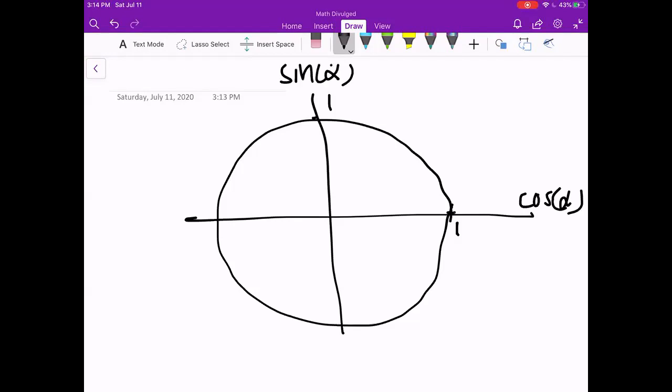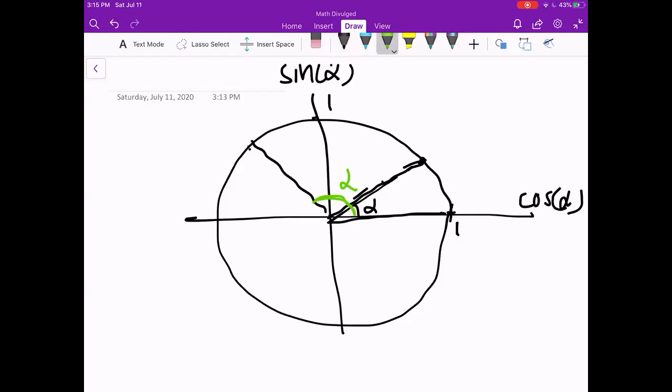Alpha refers to the angle made by a length protruding from the origin and the x-axis. So basically this angle right here would be alpha. And similarly, if we had this length right here, then this whole length would also be alpha.